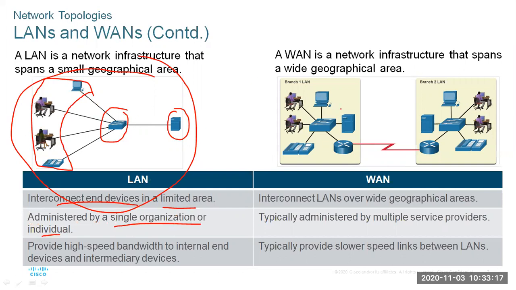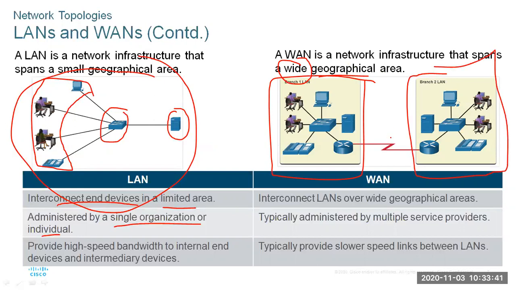A wide area network, from the word wide, covers a very wide geographical area. Sometimes it covers a state, a country, or continents, as the case may be. So you see, this is a LAN, this is a local area network, this is another local area network. So a WAN is an interconnection of LANs over what?